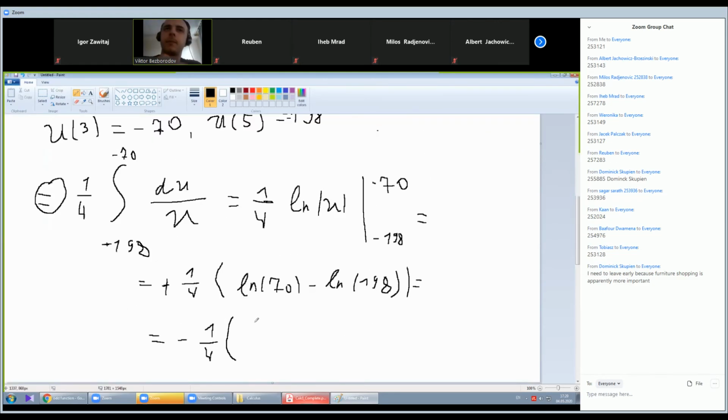And the same here for 198. So I will just write it like this: the logarithm of 99 minus the logarithm of 35.